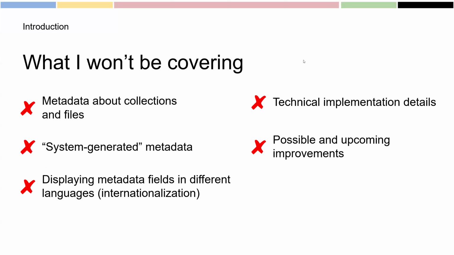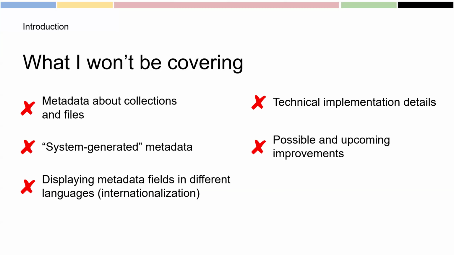What I won't be covering, as I was preparing this, there's so much that I couldn't cover it in an hour, but I thought I'd mention it here. We'll be talking mostly about metadata about datasets, so at the dataset level, which would be a collection of files that describe a study, as opposed to metadata about collections, or Dataverse collections or sub-dataverses, for folks who are more familiar with Dataverse.